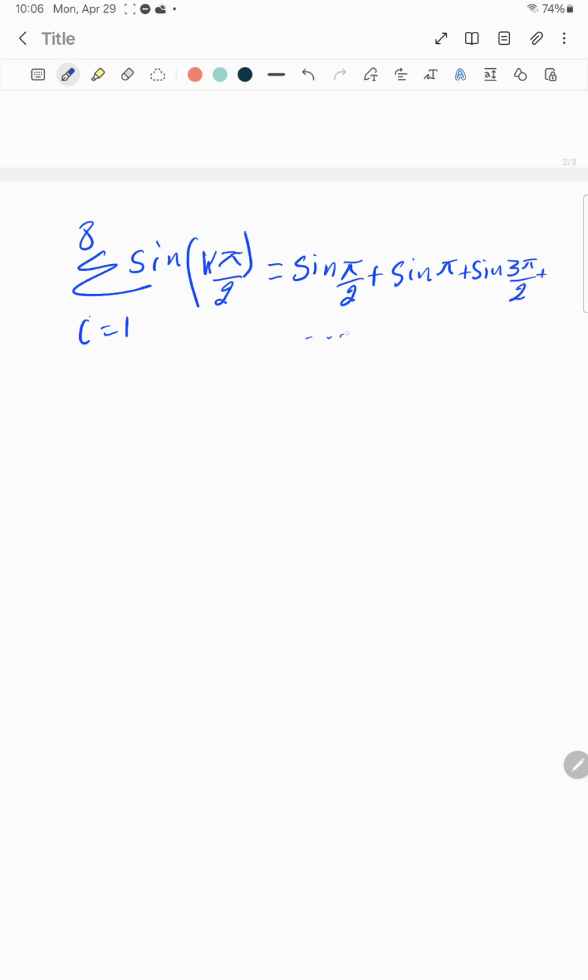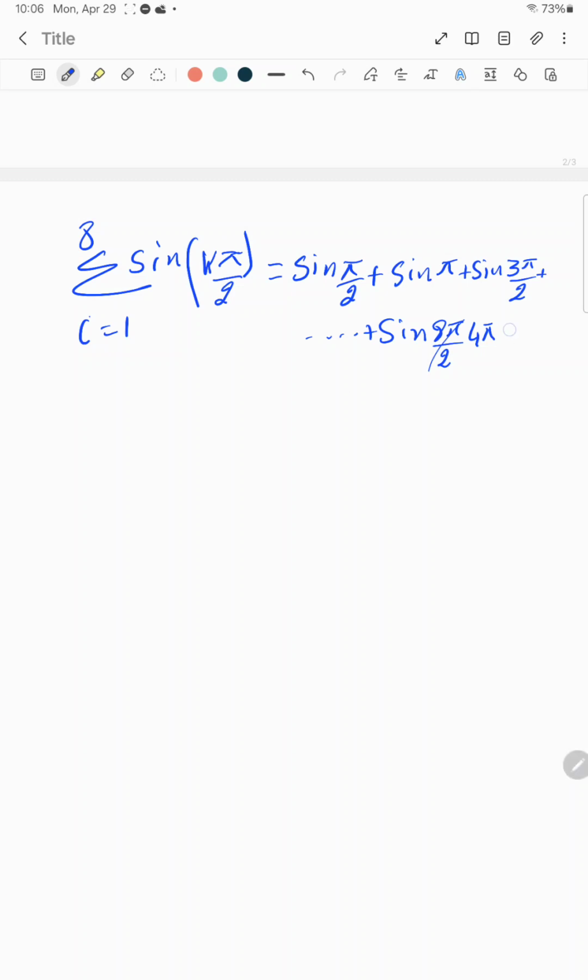plus, if you continue till sine 8 pi over 2, which is 4 pi. So I can replace this with 4 pi. And as I said, we try to find the pattern.